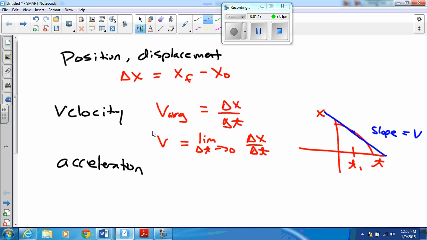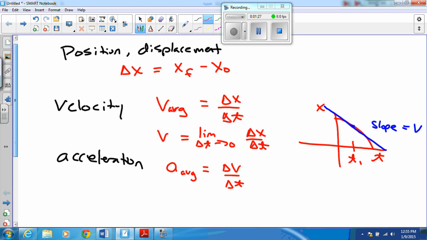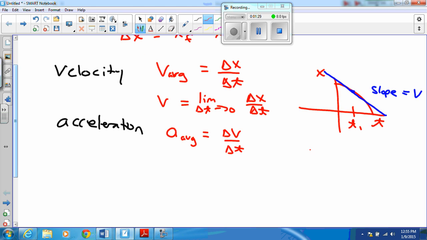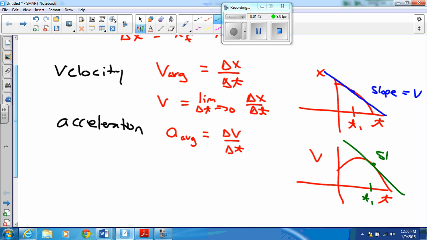Acceleration we defined as the rate of change of velocity with respect to time. And the same kind of logic applies. If I have a graph of velocity versus time, and my graph looks something like this, and I wish to find the acceleration at this time t1, then I'm going to get myself a tangent line, and the slope of that tangent line is going to be the acceleration.